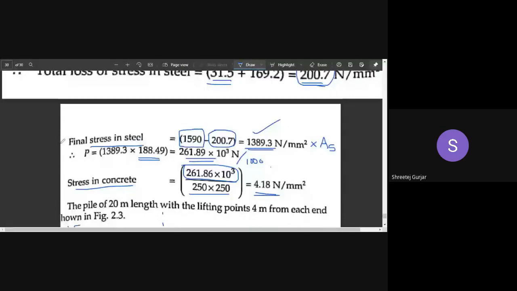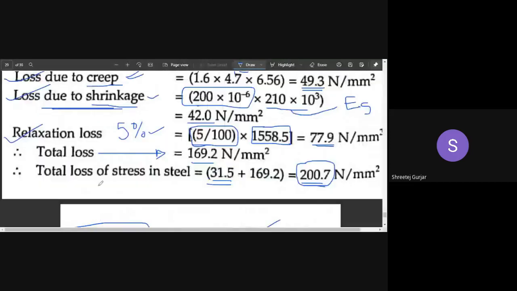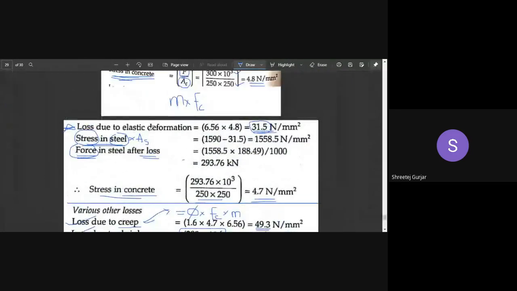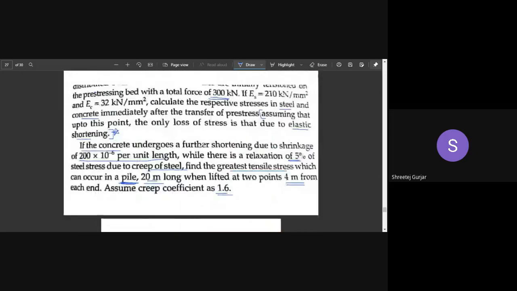This was the second part, wherein we have to find the stress in concrete and stress in steel. And the first part of our question was what? To find out stress in concrete and stress in steel after the initial loss, that is the loss after elastic deformation. So your question had three parts, and we have calculated all of those.